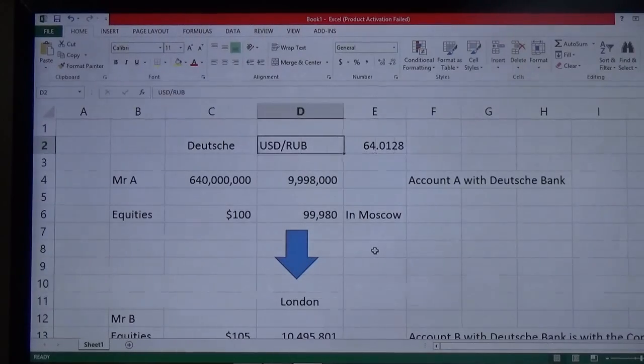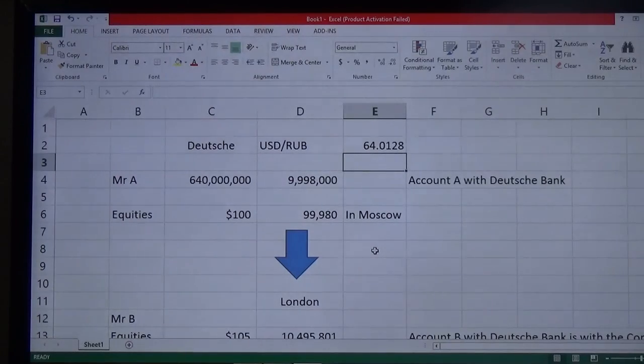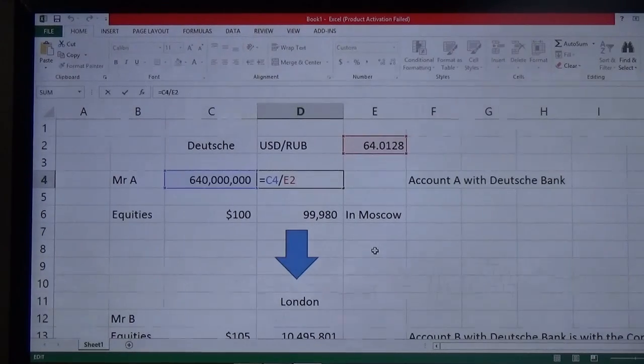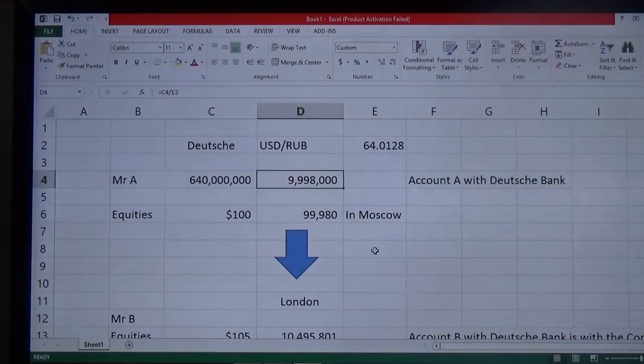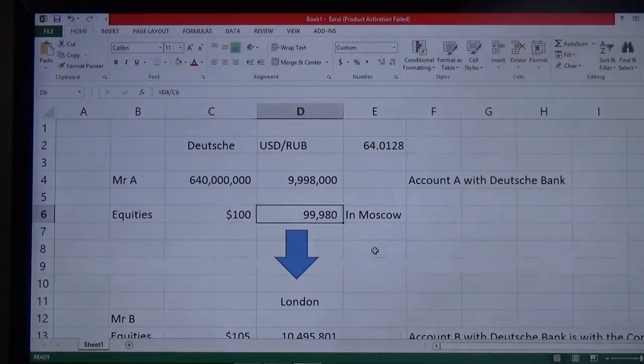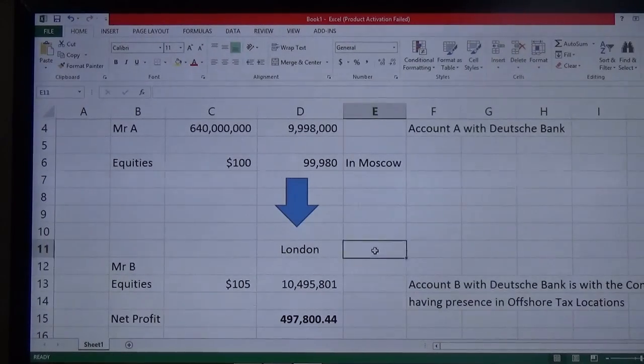You have 640 million Russian rubles, which you want to convert into some equities. Assuming the commission is 0.2%, you will convert this into so many dollars. Suppose Microsoft at that time is trading at $100 per share, so this much Microsoft stock you can buy in Moscow, and the same equities you would sell in London.